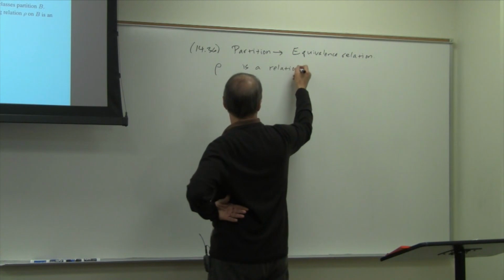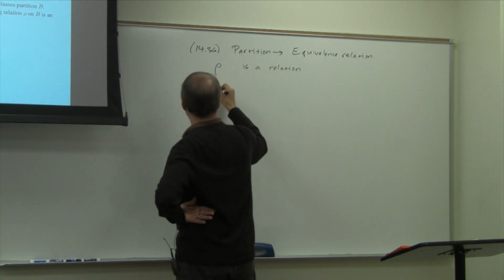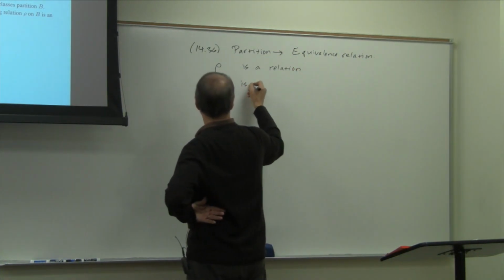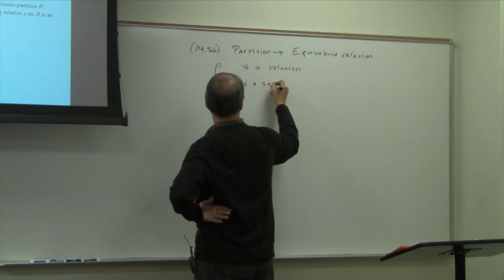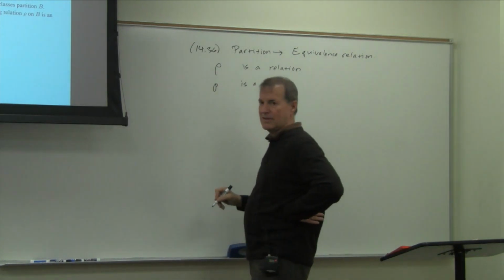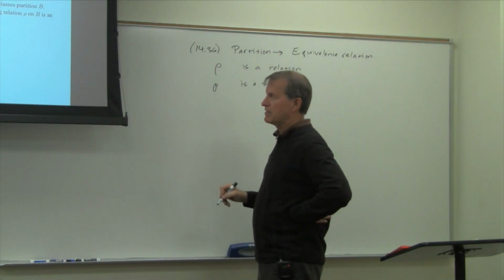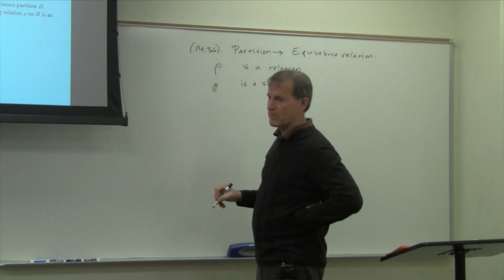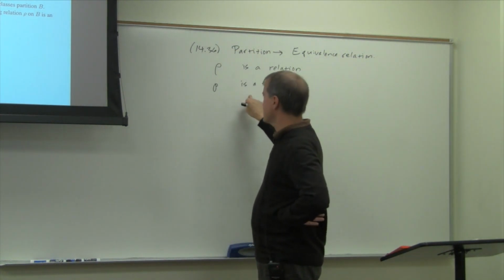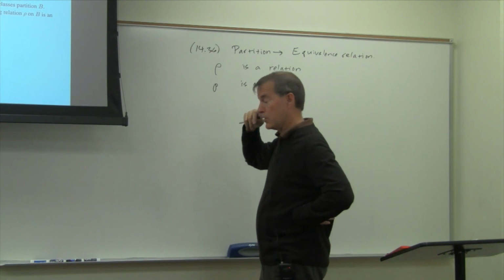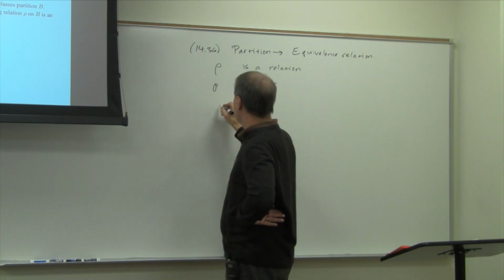Bad choice of variable, but that's the way the book is. And then little p is a set. It's not a set of ordered pairs. It's a set of elements in B. Are you with me?